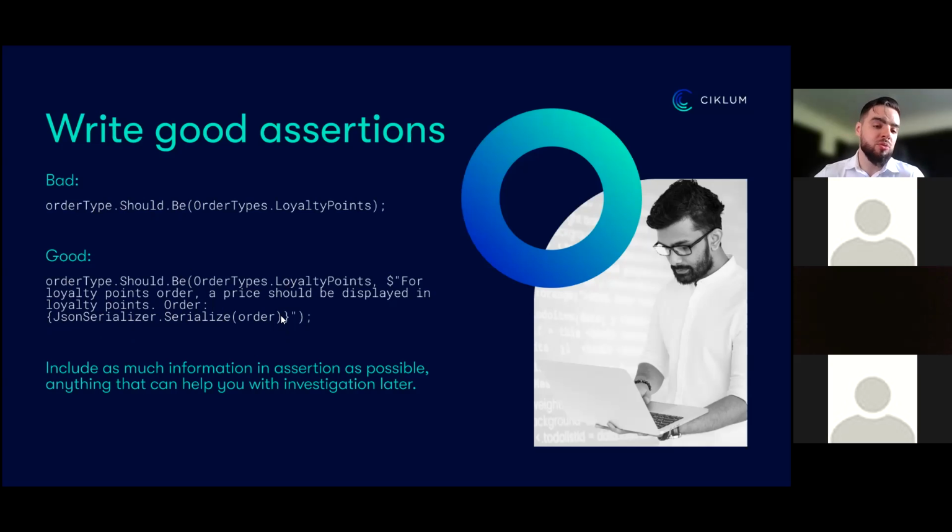So try to include as much information into the assertion as possible. Basically, add anything that can help you with investigation later. So of course, this is a simple, theoretical example, but you should probably have intuition what you should add for your tests, for your assertions, I mean.